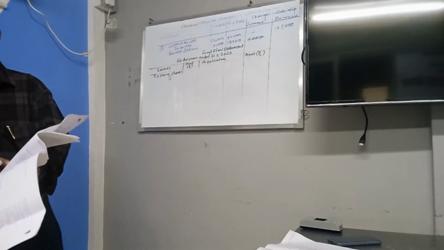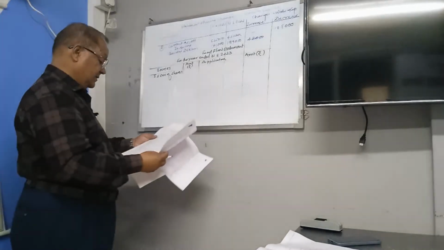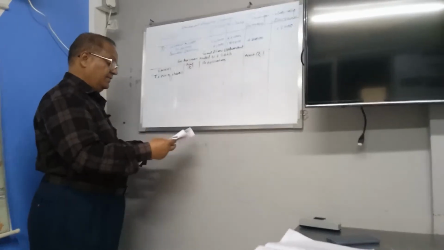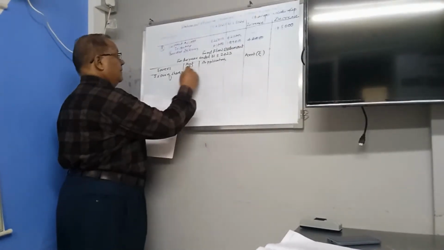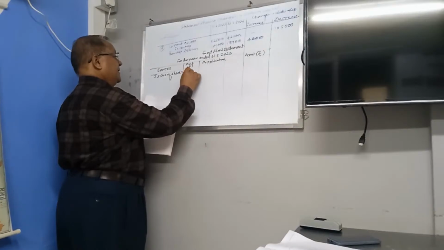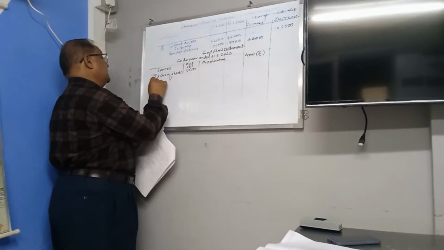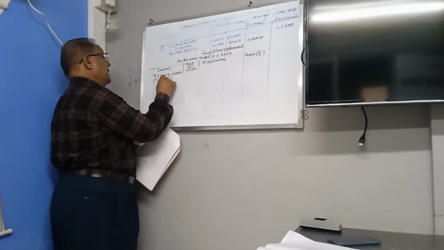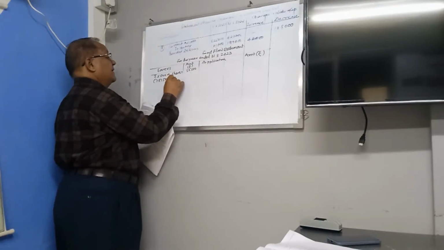It is increased, meaning they issued shares to the extent of 52,500. How come? 787,500 minus 735,000.